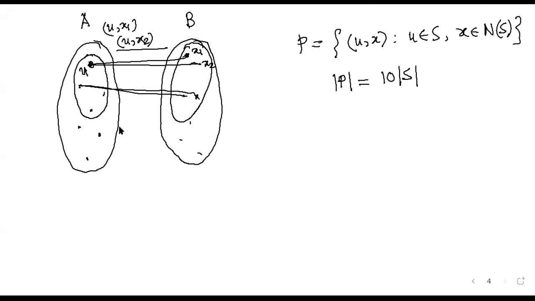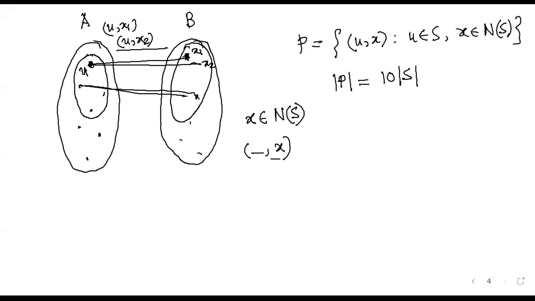If you have a point x in N(S) and you want to see how many entries there are in P such that x is the second entry, that's basically how many edges connect x.